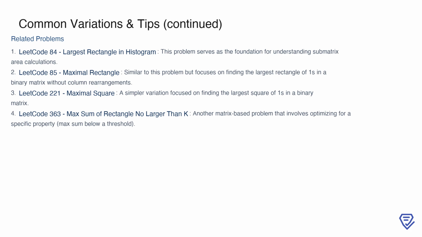Another related problem is LeetCode 221, Maximal Square, which is a simpler variation that involves finding the largest square of ones in a binary matrix. Finally, LeetCode 363, Max Sum of Rectangle No Larger Than K, tackles a different optimization challenge but shares the matrix-based structure. Exploring these problems can strengthen your problem-solving skills and help you identify patterns that apply across multiple scenarios.